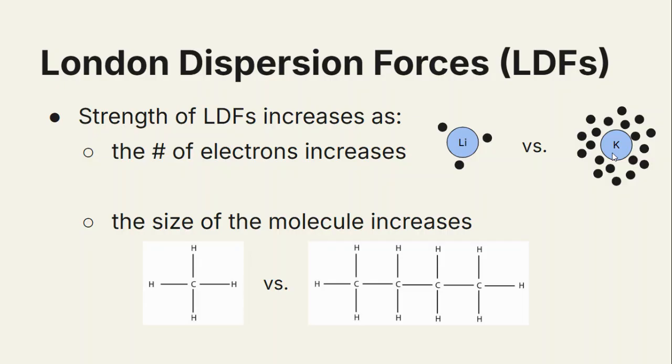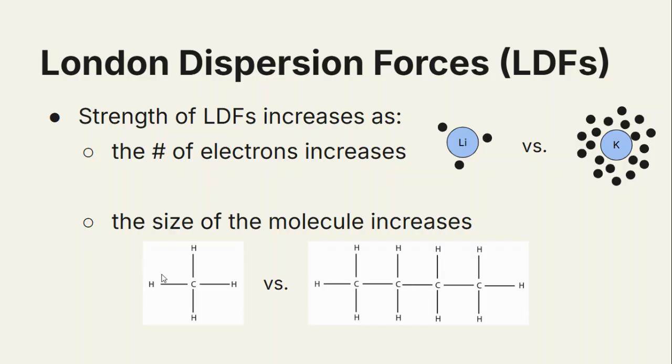The second thing we can look at is the size of the molecule. So the strength of the LDF increases when you increase the size of the molecule, which goes back to the first bullet that says the bigger the molecule, the more electrons there are, which means that we're going to have stronger LDFs.